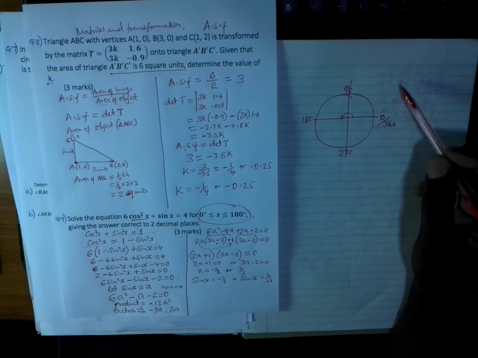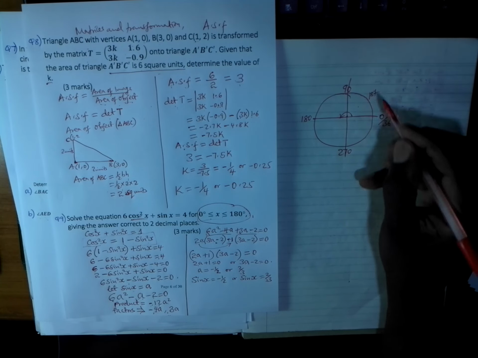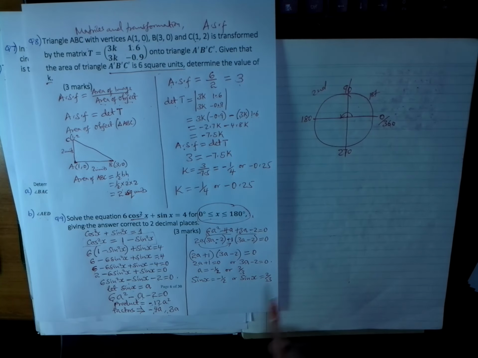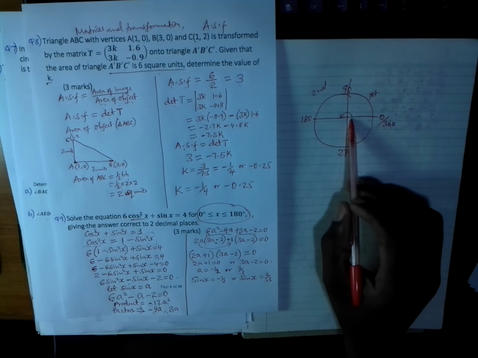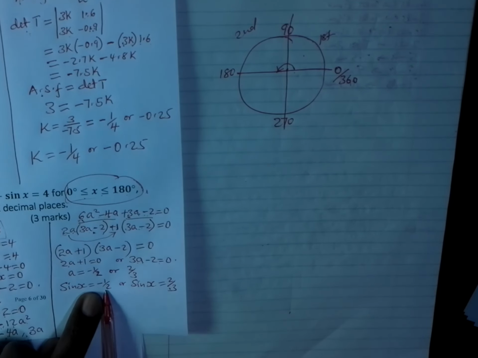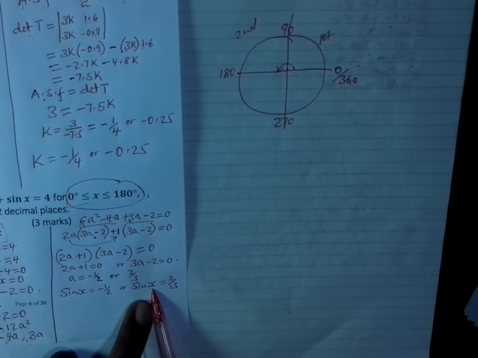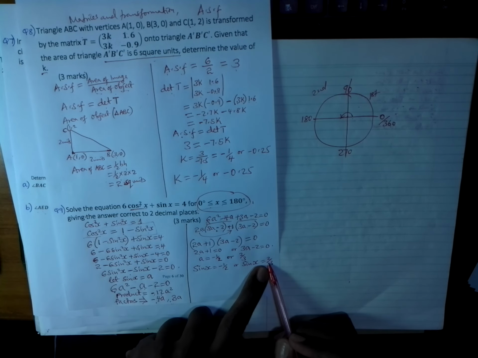That means we base ourselves with angles from the first quadrant and the second quadrant for the sine. Sine in this range is positive. So we are going to ignore sin x equal to minus a half, and we take sin x equal to 2/3.